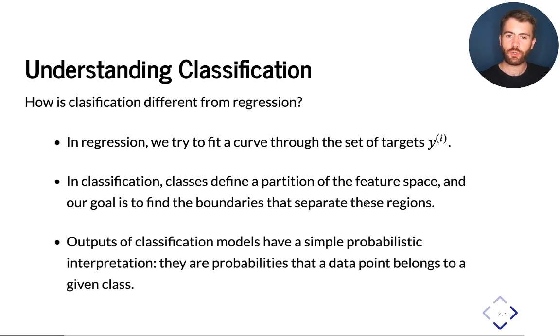I'm going to show you an example of this in a minute, but the third fact about classification that I want to highlight is that if we think of classification models as probabilistic models, then the probability of a y has a really simple interpretation: it is simply the probability that a given point belongs to one class, or to one class versus a different class.